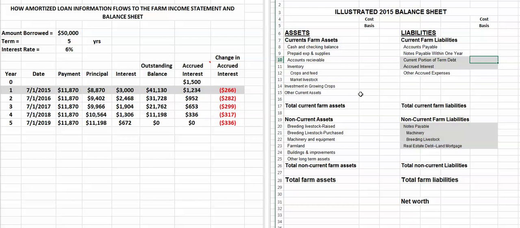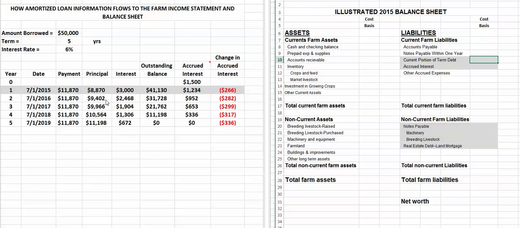Okay, the current portion of term debt. What goes in this cell right here? That refers to the principal that's due on a term loan in the coming year. If you go back to this amortization schedule, remember 2015 has already happened. So what is due in the next year, during 2016? During 2016, you've got $9,402 worth of principal that's going to be due.